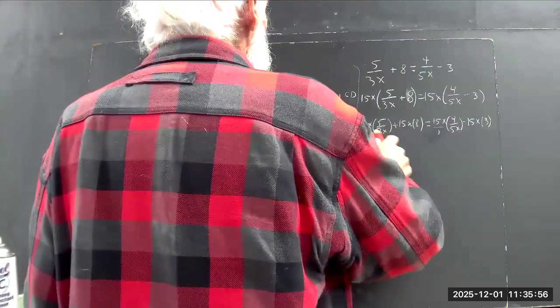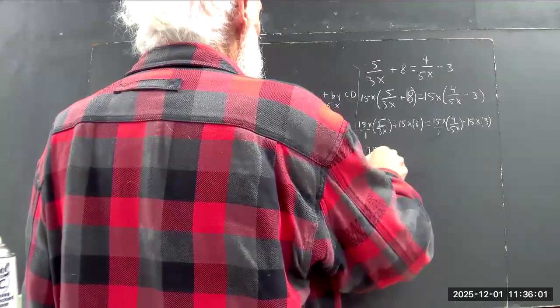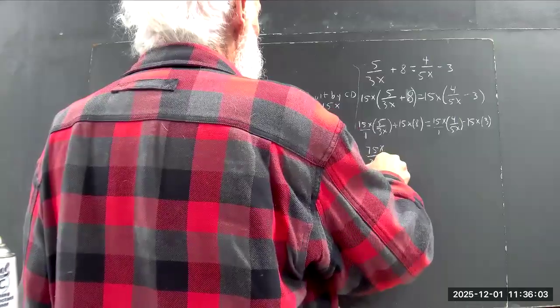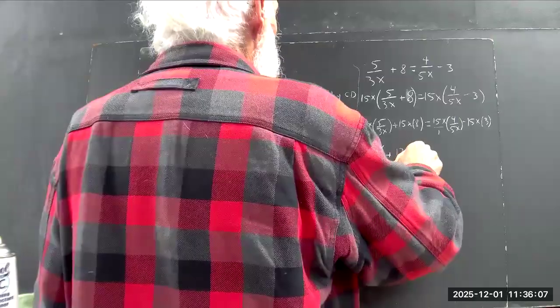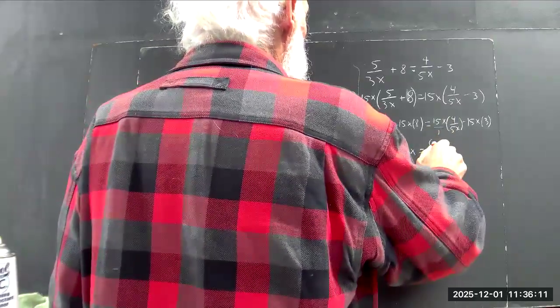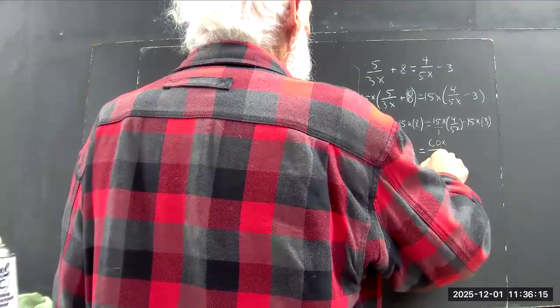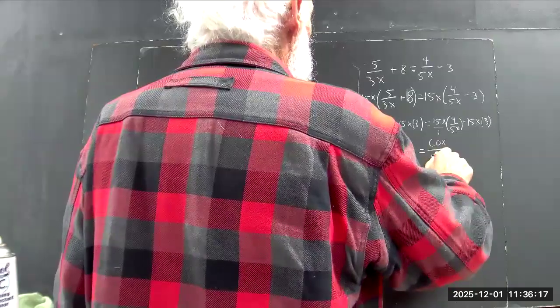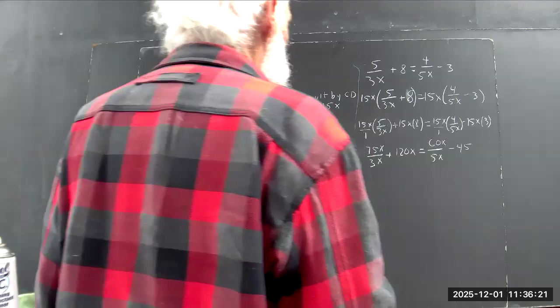We multiply these numerators and we get 75x over 3x plus 120x equals 15x times 4 is 60x over 5x minus 45.